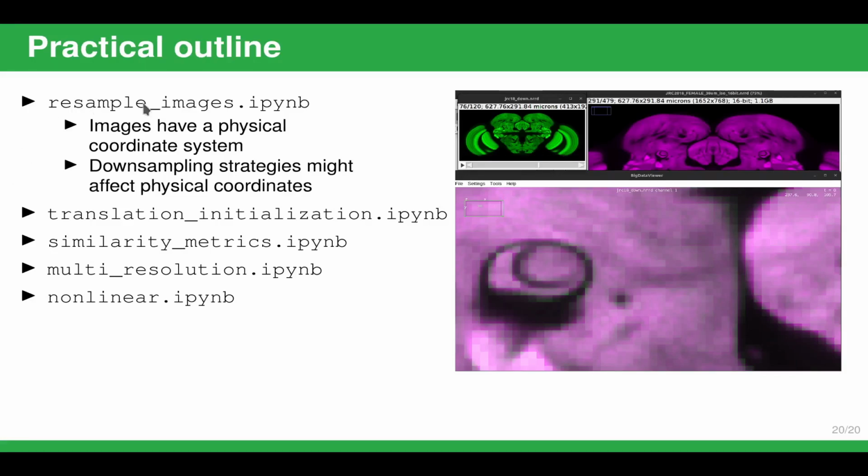So the first notebook is called Resample Images, and in it we'll just reinforce that images have a physical coordinate system, and that downsampling strategies might affect that physical coordinate system.